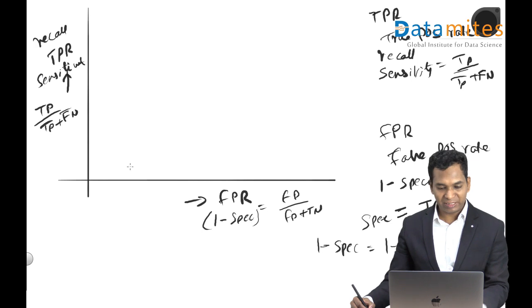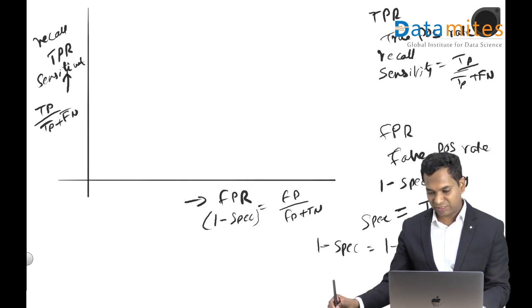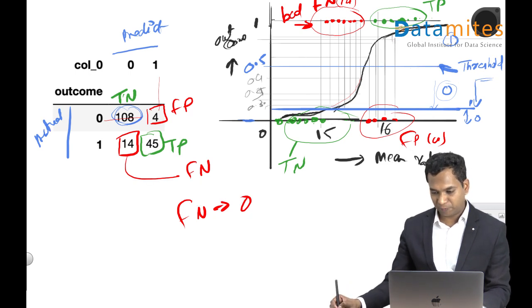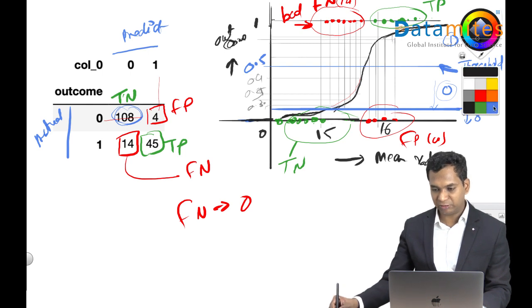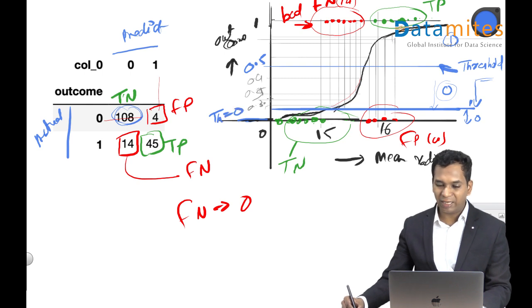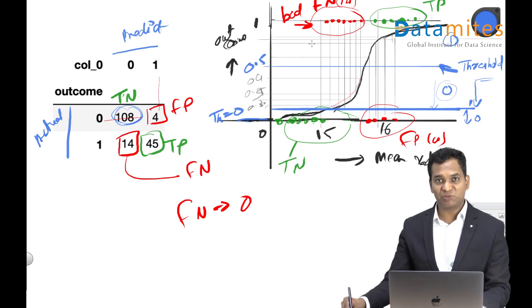So when your threshold is 0, if you look at your previous diagram, anything which comes in, any output, is obviously taken as positive, as 1, which means there won't be any negatives at all.